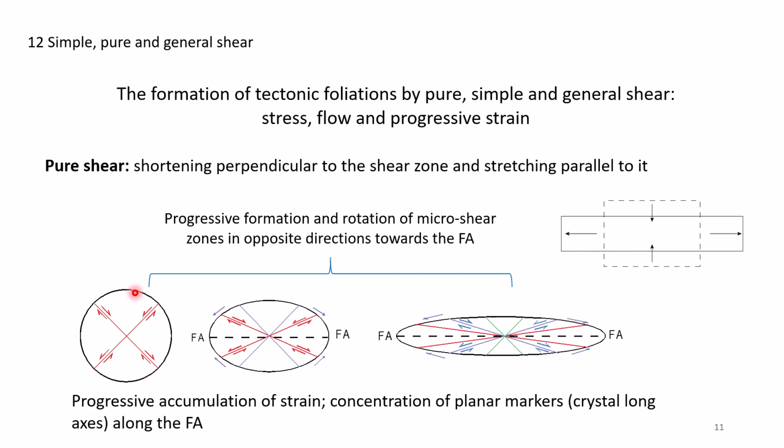So let's assume at the beginning of deformation we initiate conjugated shear zones in our rock that right at the start can be considered as undeformed.